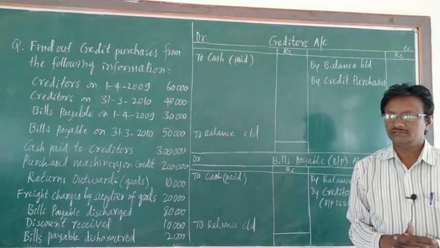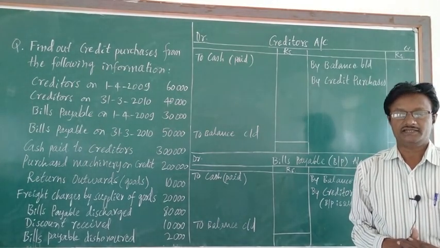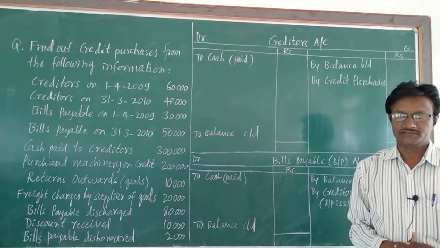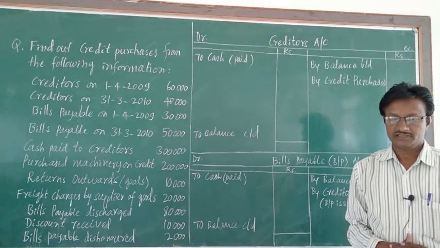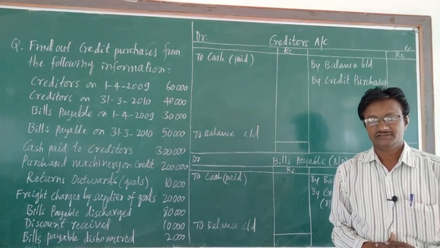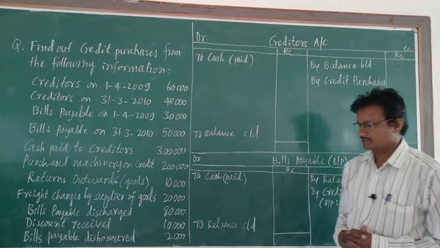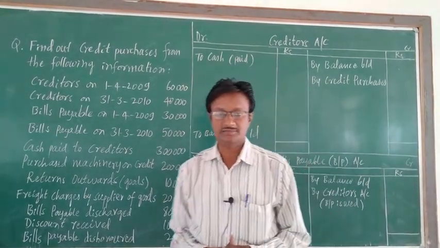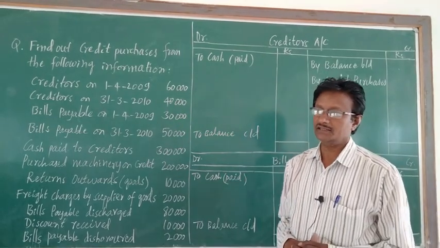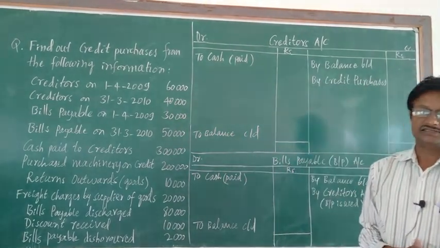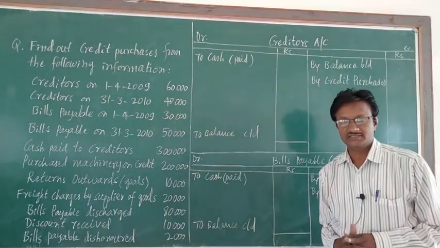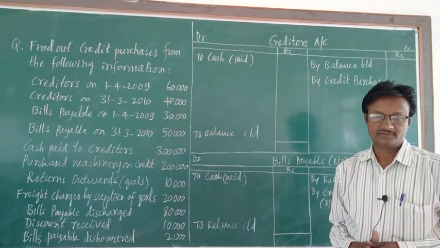Out of these four items, if three are known, the fourth one is the missing item. And creditors account always shows credit balance.